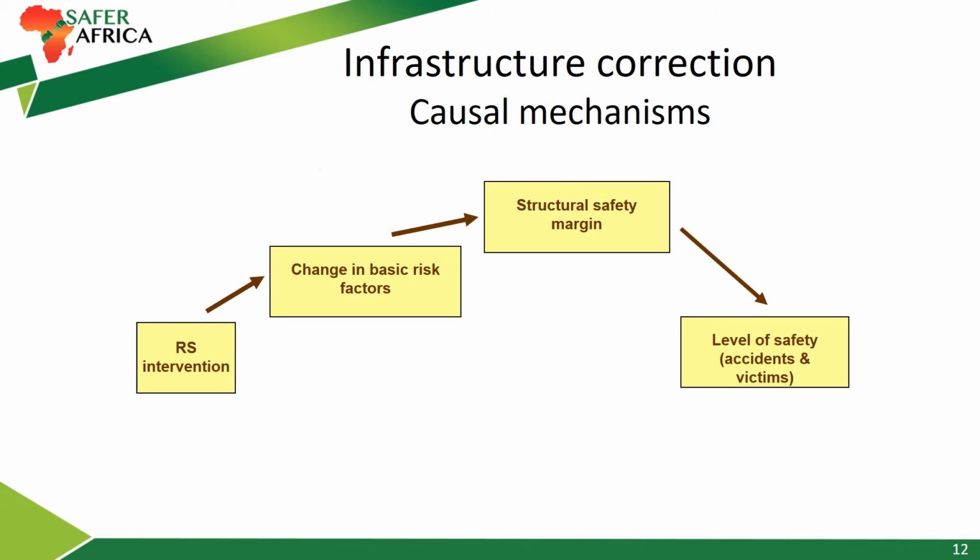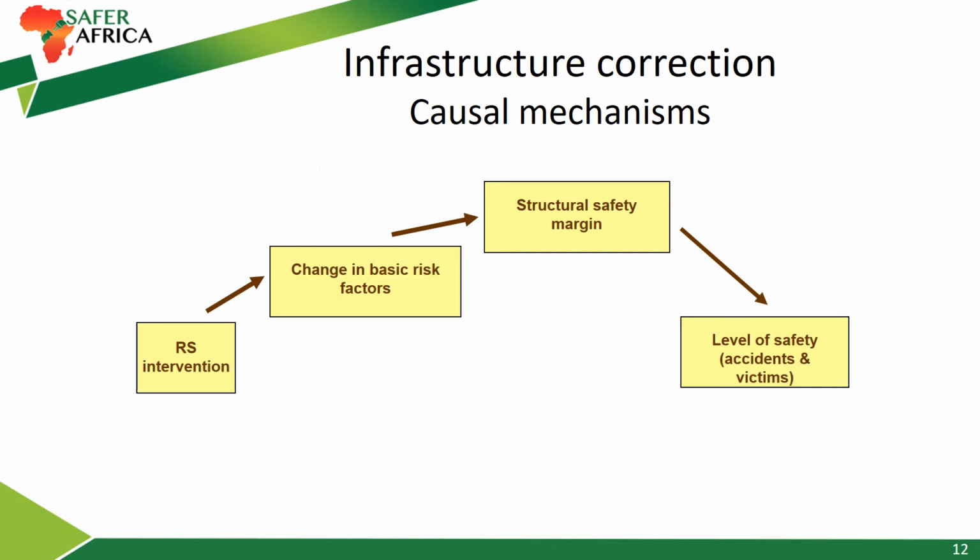When discussing causal mechanisms explaining the effect of the implementation of infrastructure correction, Runelvik hypothesized that safety interventions in the road infrastructure change the basic risk factors, which in turn modify the structural safety margin available for road users, resulting in a new level of safety, as expressed by the underlying long-term average expected number of accidents and victims.